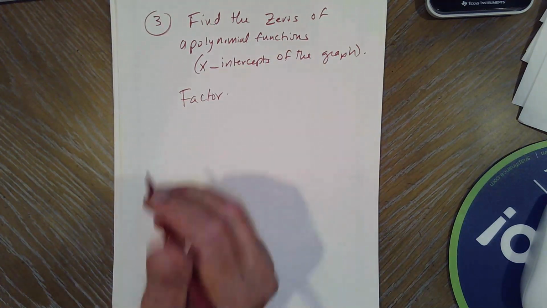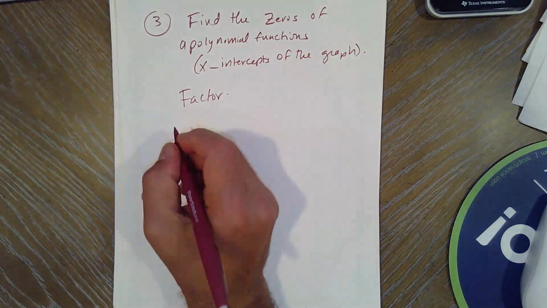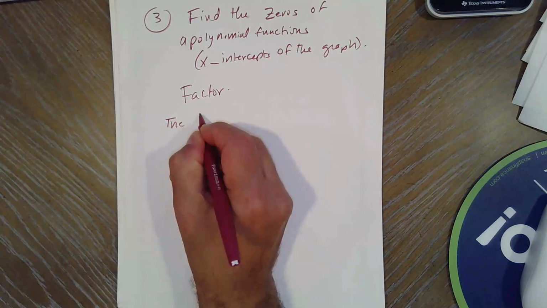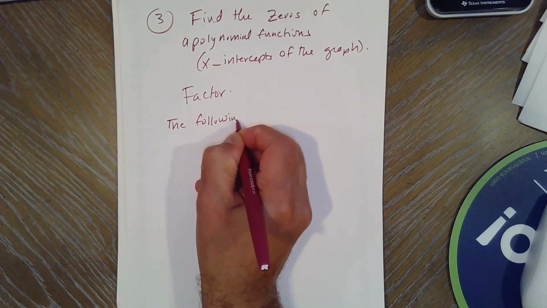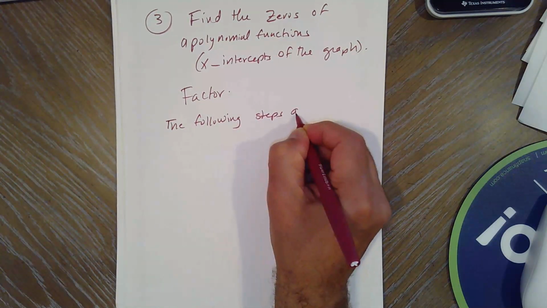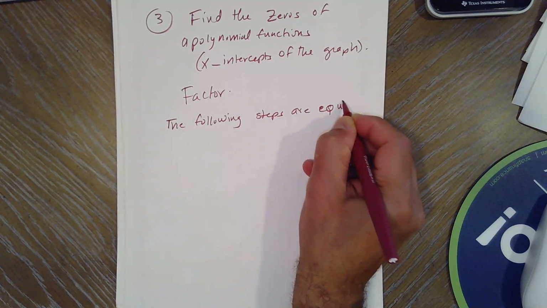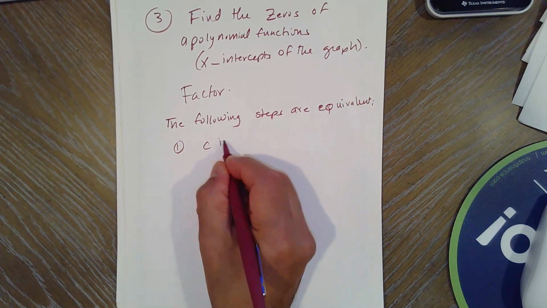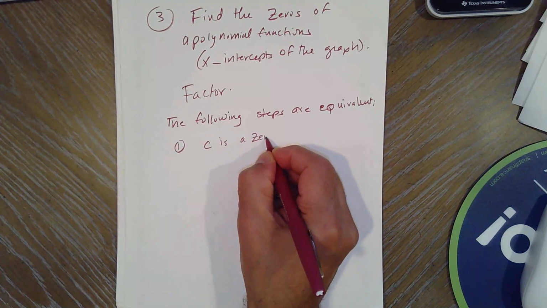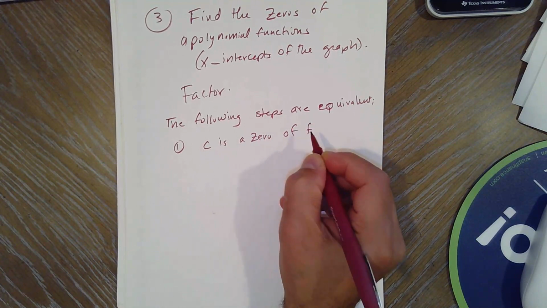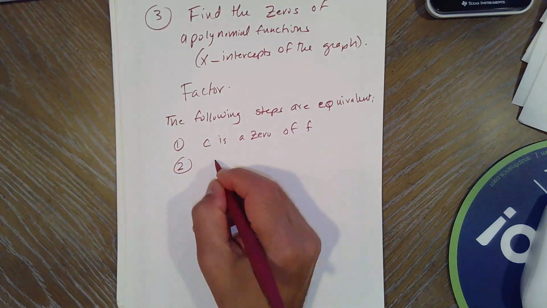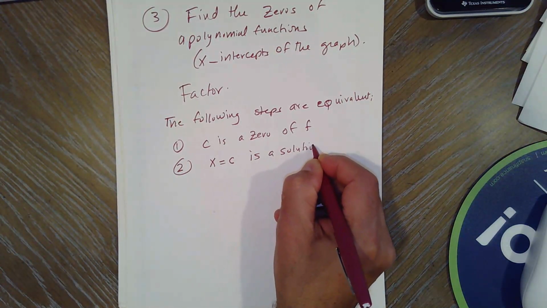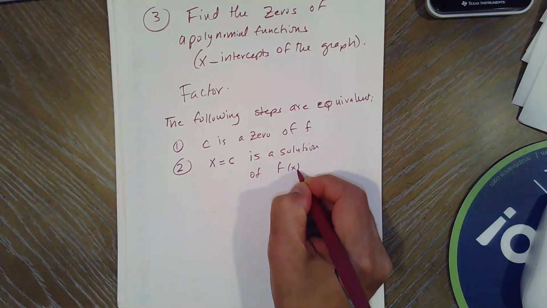Okay, and once we get those zeros, we're going to look at the following statements, which are equivalent. C, because we're going to be saying this all the time, C is a zero of a function f. A zero of a function means x equals C is a solution of the equation f of x equals 0.